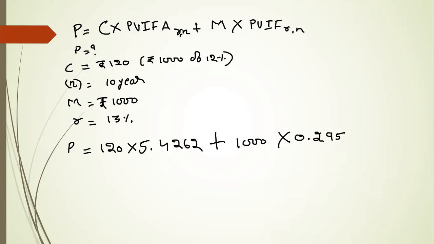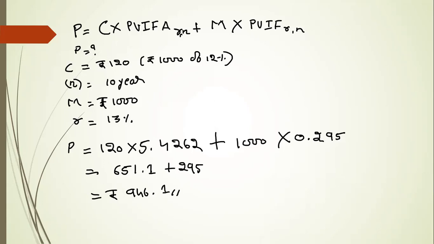After calculating, we get 651.1 plus 295, which is equal to rupees 946.1.